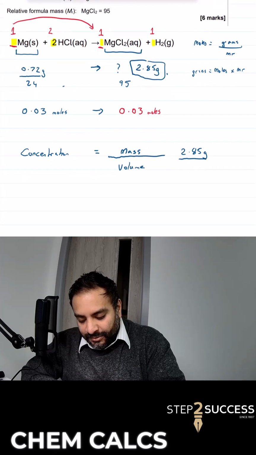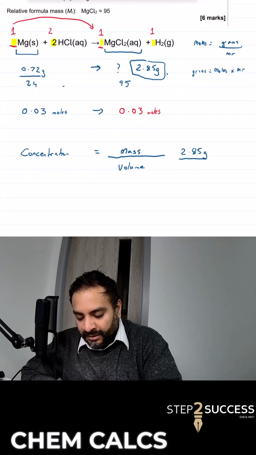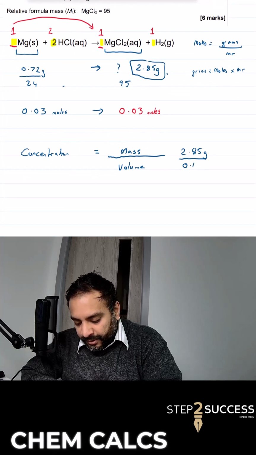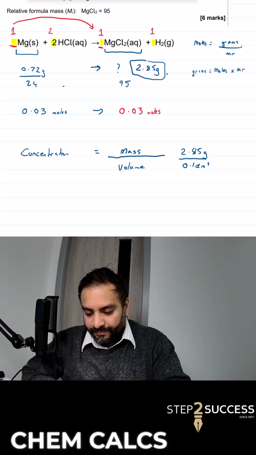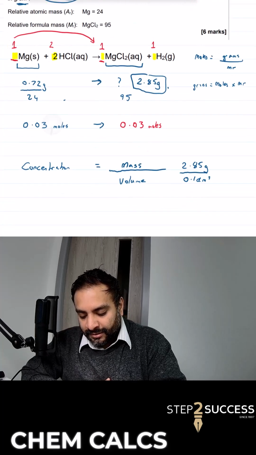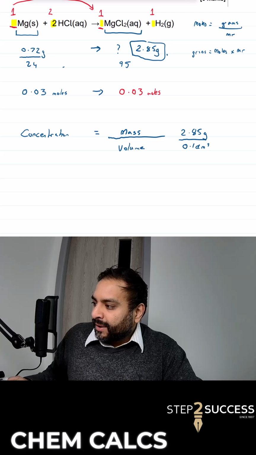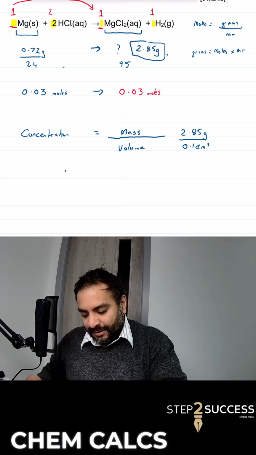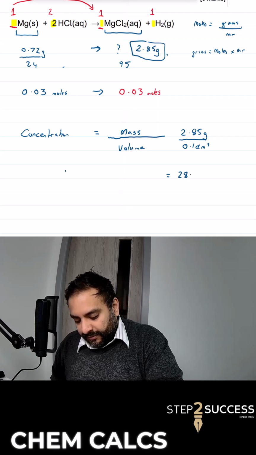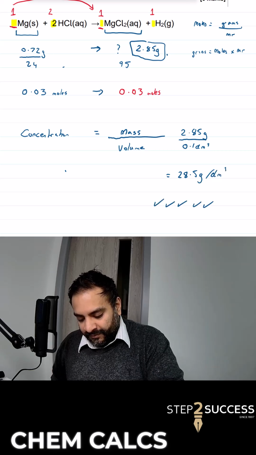So what I need to use in this question is not the 100 centimeters cubed, but the 0.1 dm cubed, because only then do I get the answer in the units that I want, which are grams per dm cubed, according to the question. So 2.85 divided by 0.1 is, of course, 28.5. 28.5 grams per dm cubed is the answer to this question. You've got yourself 6 marks.